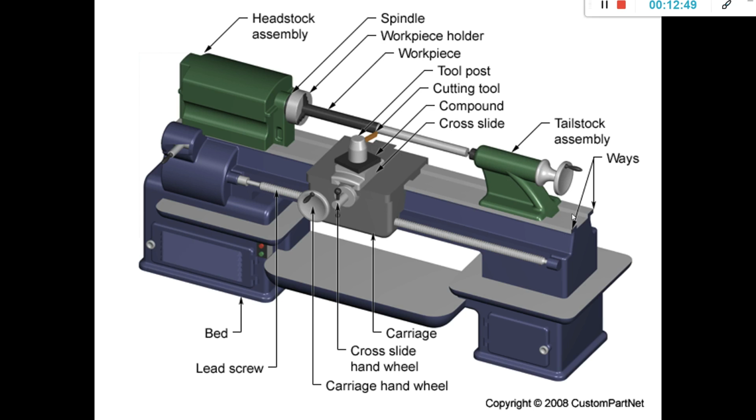Ways are in the bed, and this is tailstock assembly. This is bed. This is lead screw. Carriage handwheel is there. There is cross slide handwheel, and this carriage moves over the lead screw and feed rod. So that is it.